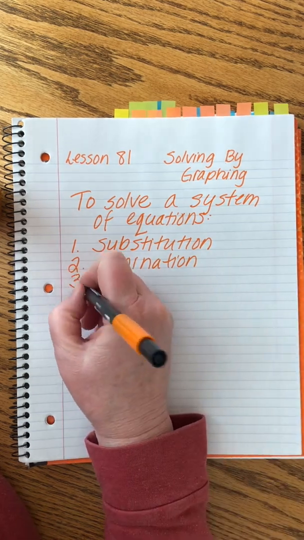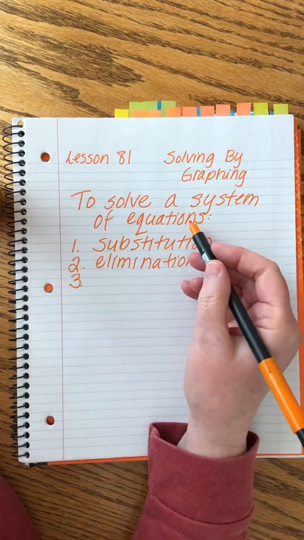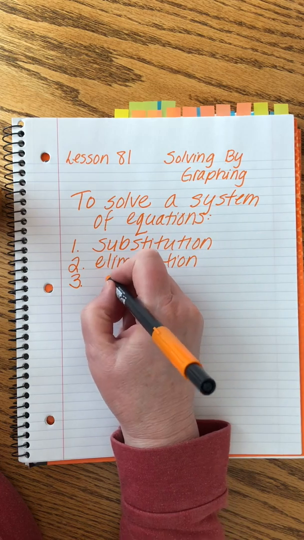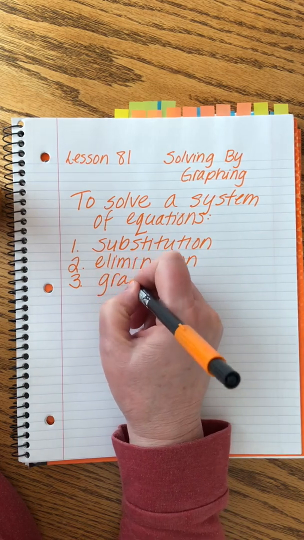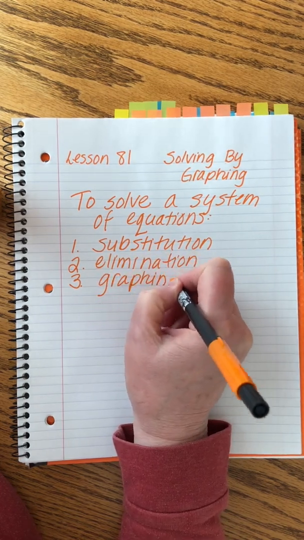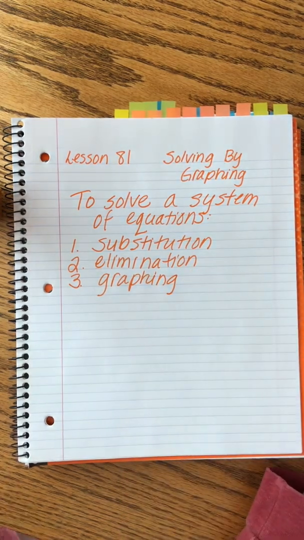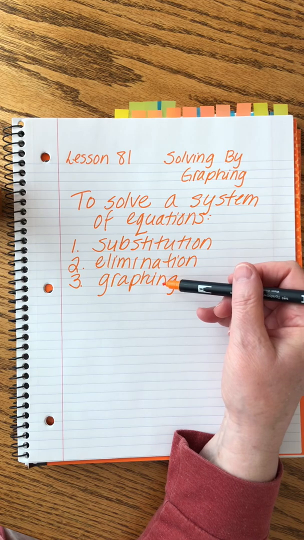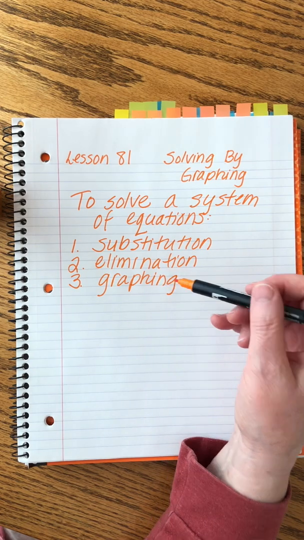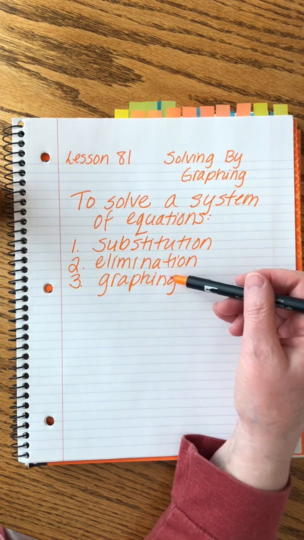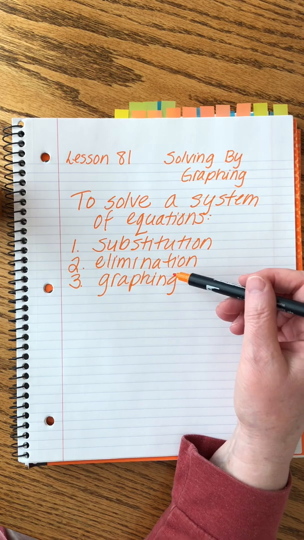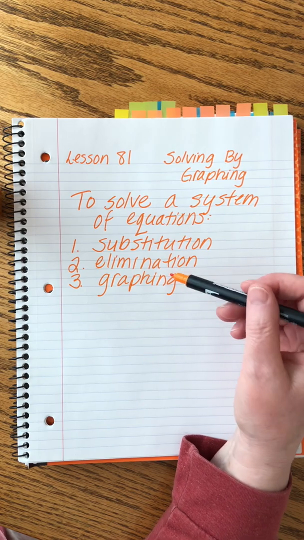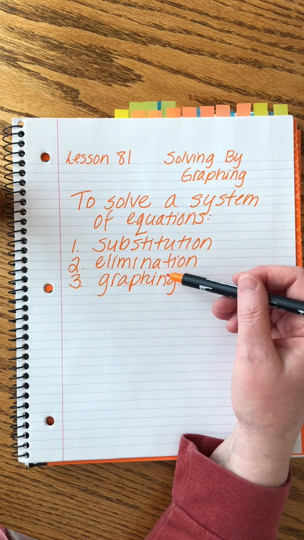Today, we are going to discuss the third way to solve a system of equations, and that is by graphing. Now, I will give you spoilers that there are some neat advantages to graphing, but there are some pretty big disadvantages. So we're not going to spend a lot of time doing this. We're going to show you how it works, tell you why it's good, tell you why it's not so good, and move on fairly quickly.